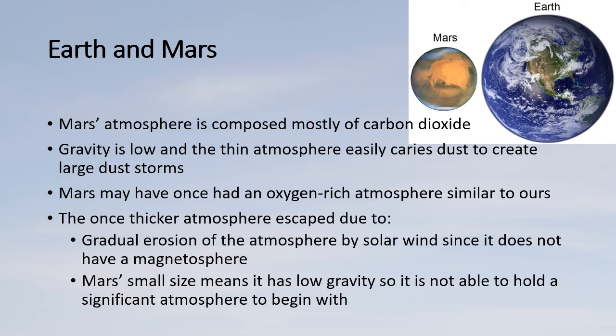However, its once thicker atmosphere escaped because the solar wind pretty much blew it away. Remember, Mars does not have a magnetosphere like Earth does. So the solar wind blew most of the atmosphere away. Plus, Mars's smaller size means it has a very low gravity, so it's not able to hold on to an atmosphere to begin with.